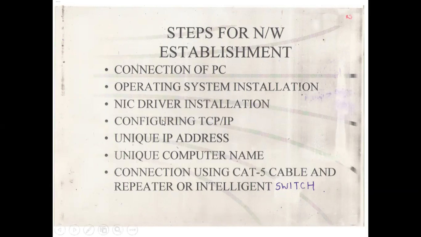So the basic requirement is that the computer name should be unique and a unique IP address should be given to your machine for LAN communication or internet communication. And finally, with two machines there, you have to connect them using a Cat5 cable or a repeater or an intelligent switch or a layer 2 switch. Have you understood?